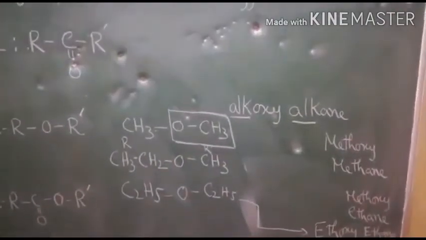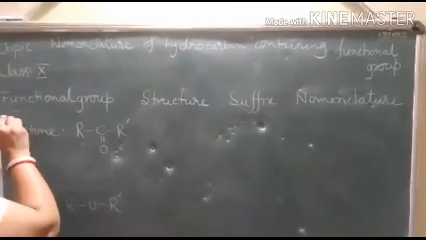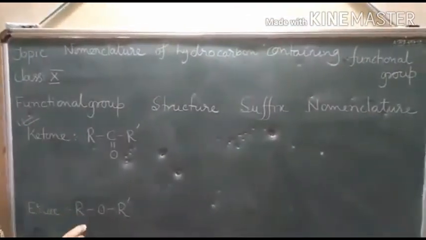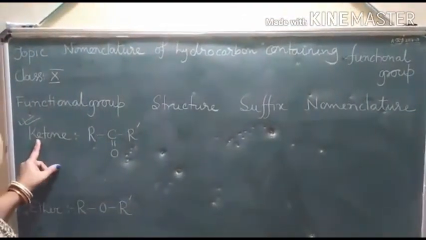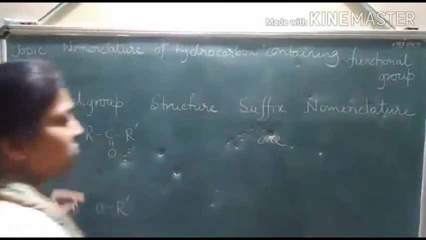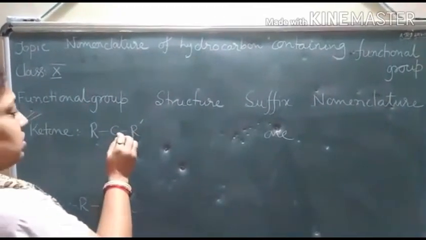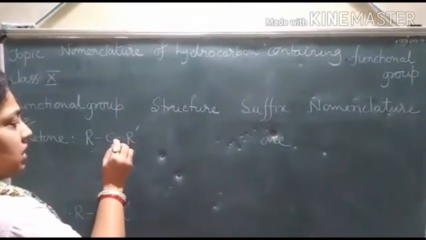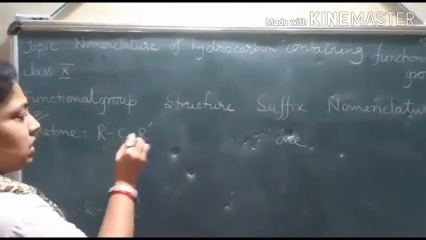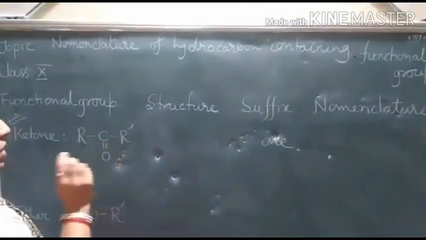Okay, next one is ketone. For ketone, the suffix will be ONE, one. Let's start with the carbon. First carbon, carbon 1, will not be possible because in the functional group the carbon is already there.